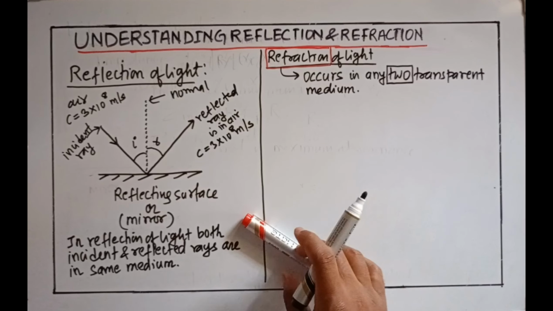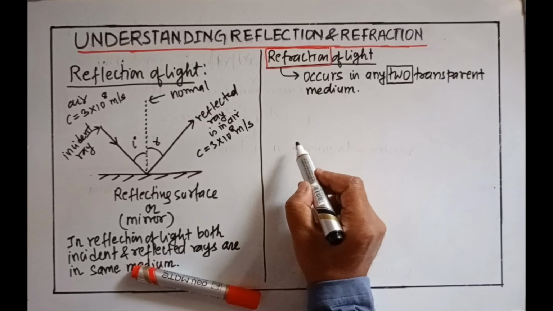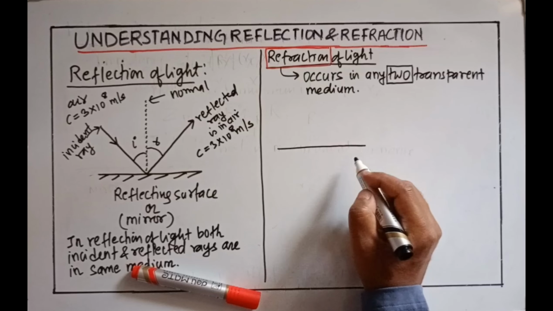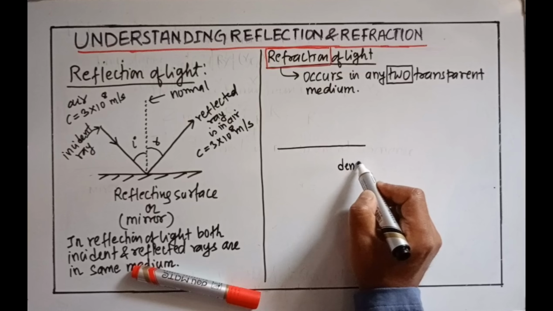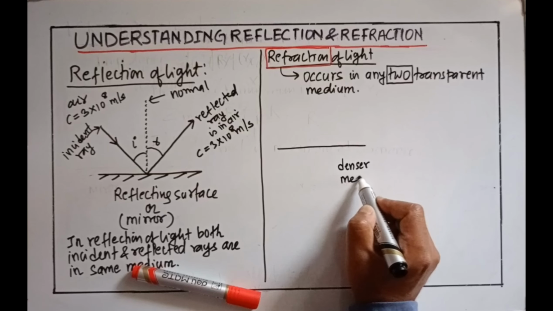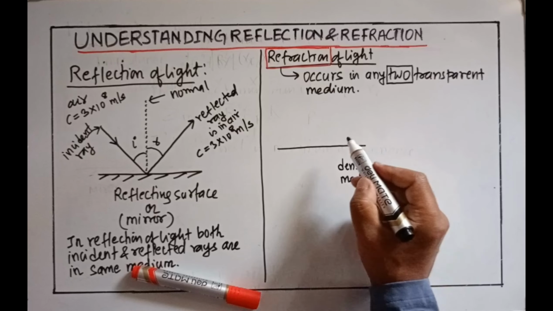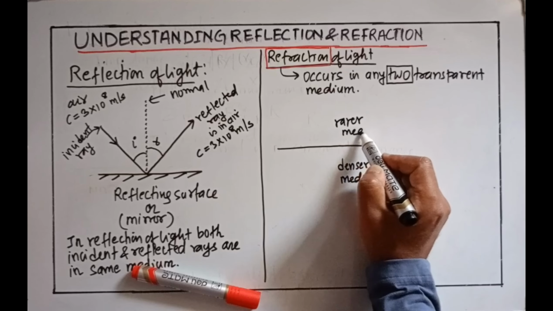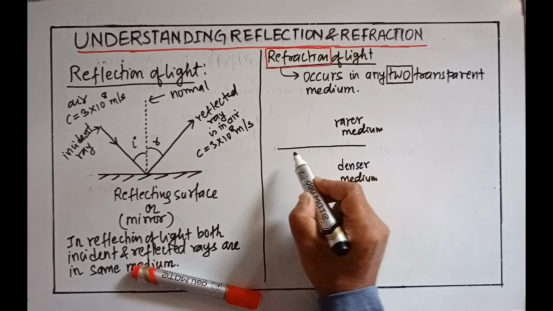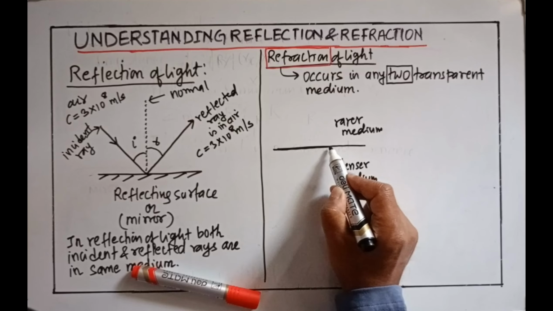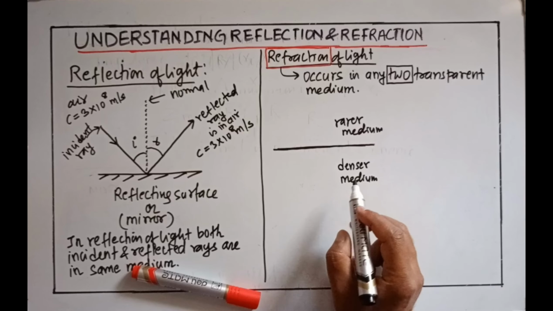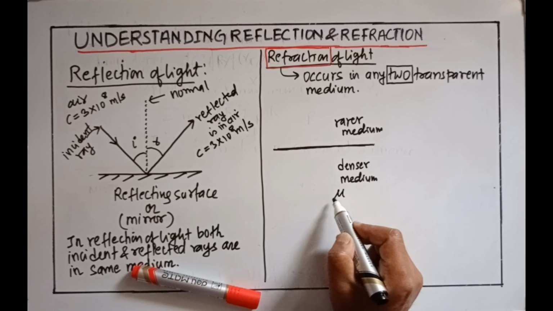Now let us consider this case. Let's say this is the denser medium, and this is the rarer medium, and this is the boundary separating denser from rarer.